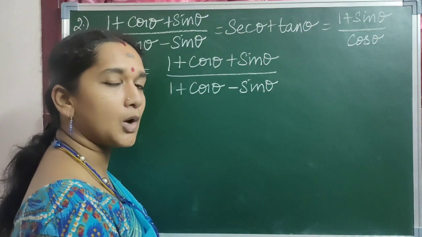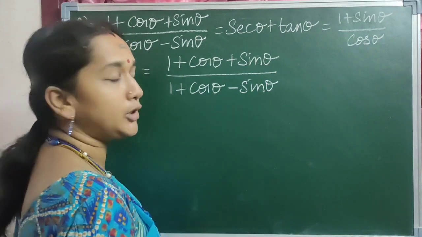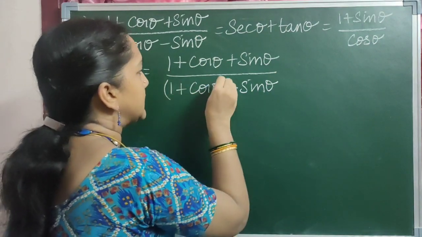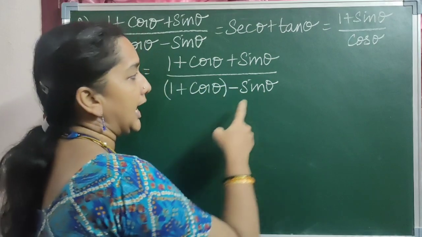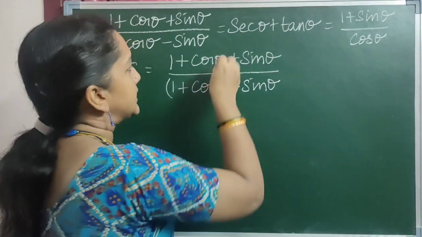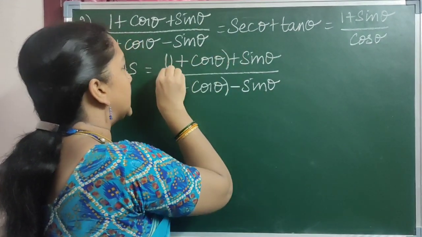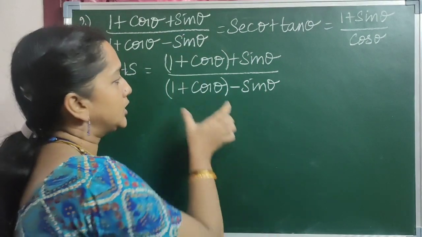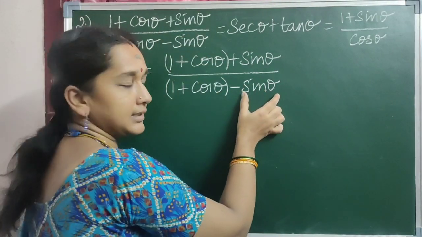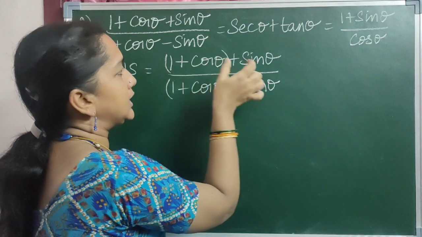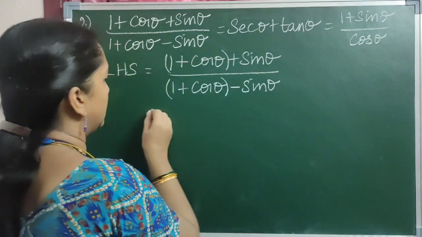In this one, how I am going to do it is, I am going to take this as one term and this as another term. Same way in the numerator also. So this one term minus this, same way this one term plus this. Okay.